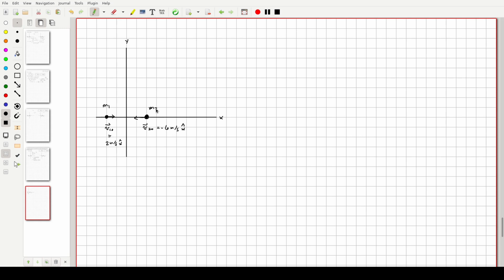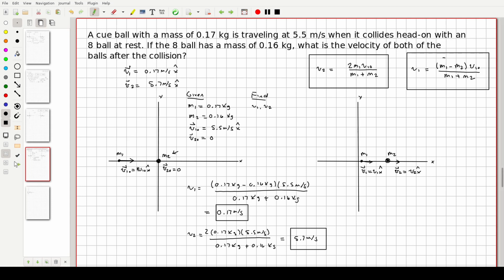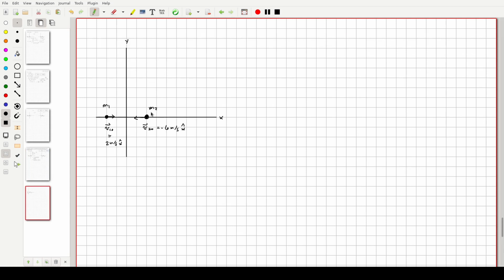Well, what you generally want to do in a situation like this is to make this problem look like a problem where M2 is at rest. So what I would do, before I worked it, is to add 6 meters per second x hat to both sides.